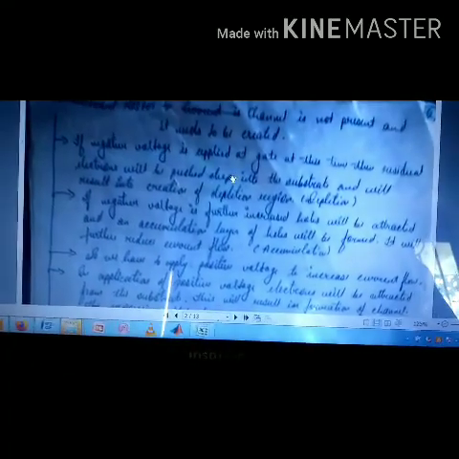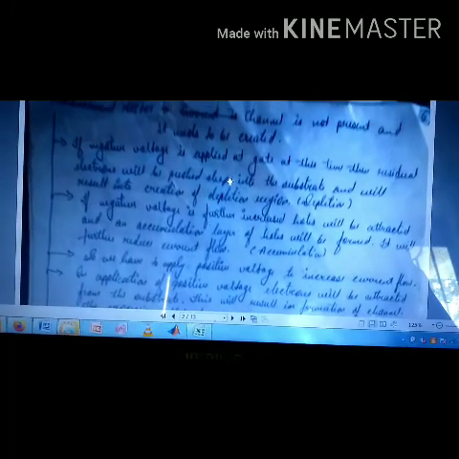If a negative voltage is applied at the gate, whatever electrons are present between the source and drain electrodes will be depleted, and they will be pushed more and more inside the semiconductor.